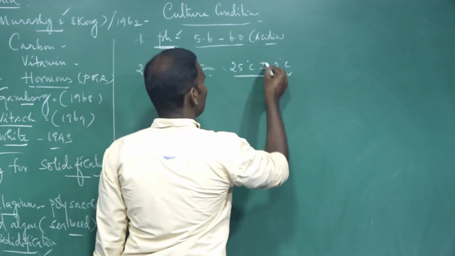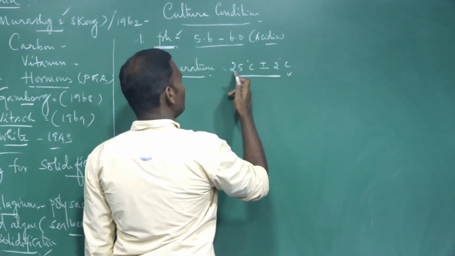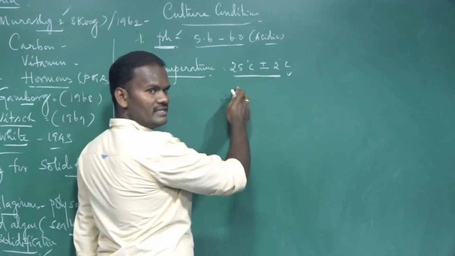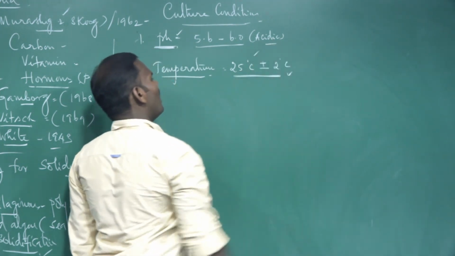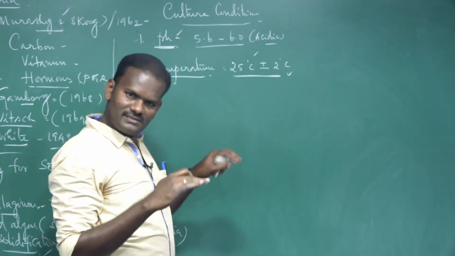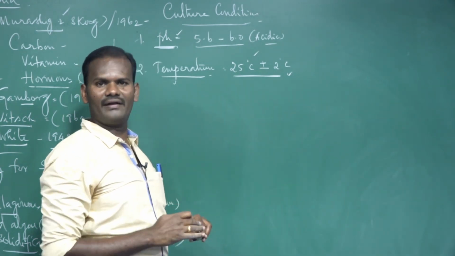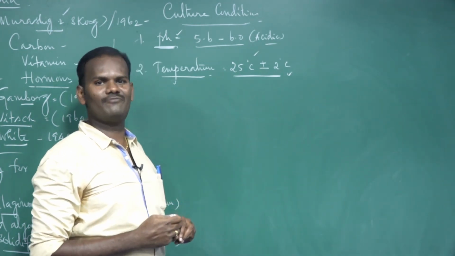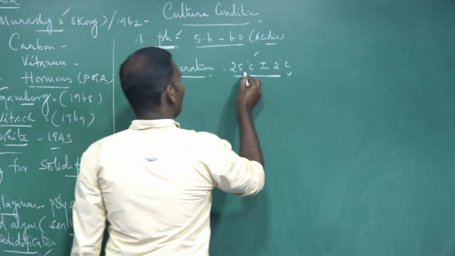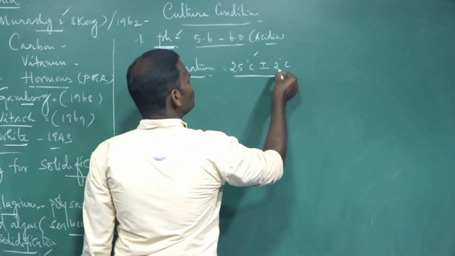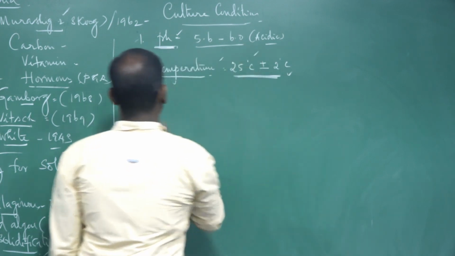Plus or minus means it may be 27 or 23. If you maintain this temperature within the laboratory, we get the optimum growth of plant tissues.